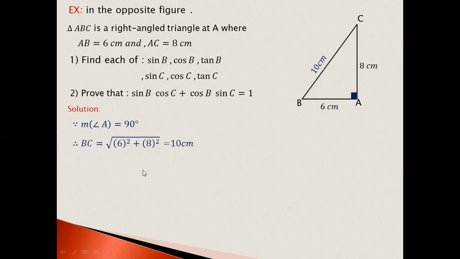Then BC equals the square root of 6 squared plus 8 squared, which equals 10 centimeters. So the length of the hypotenuse BC is 10 centimeters, and we found it by using the Pythagoras theorem.